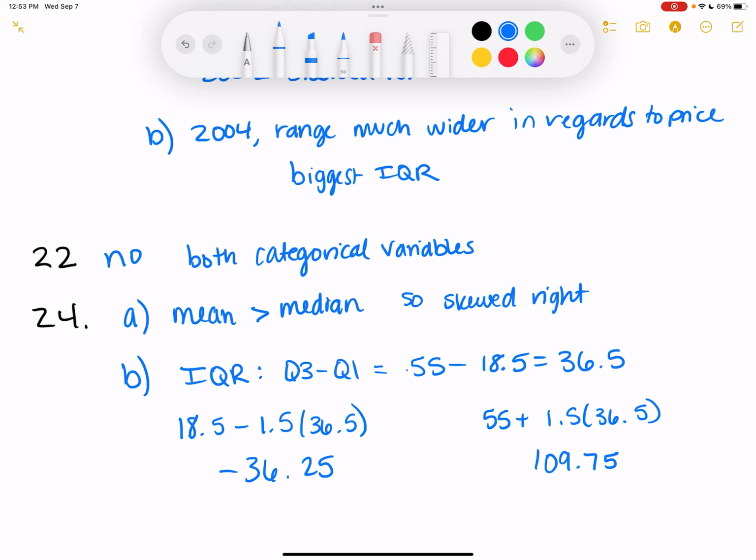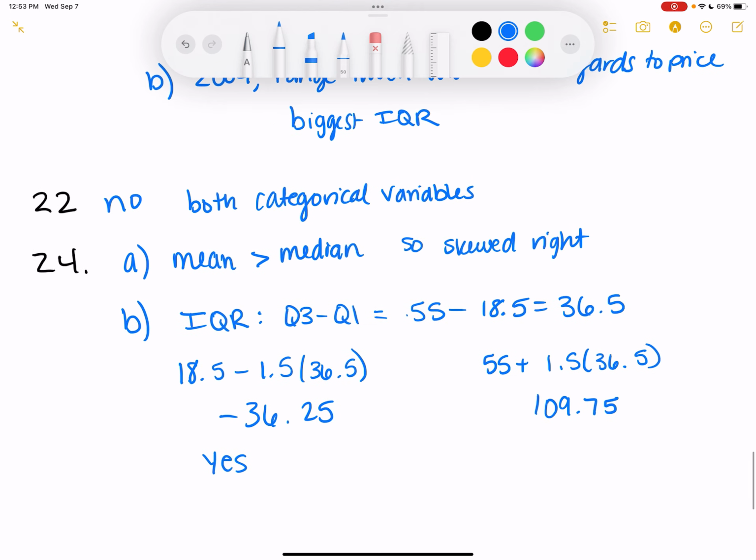Negative 36.25, that one. Outliers would mean our data is outside of those values. These are just our fences. So are there any numbers outside of that range of numbers, from negative 36 to 109.75?